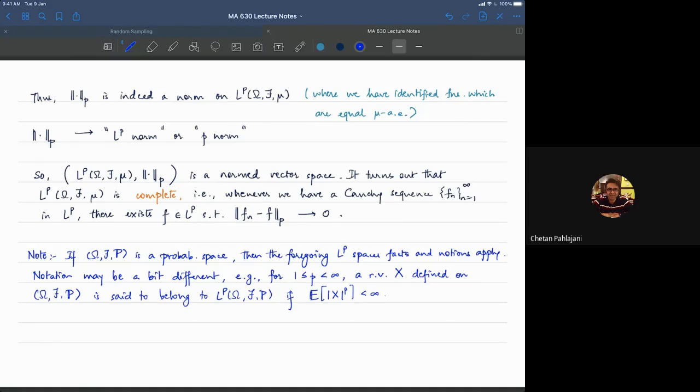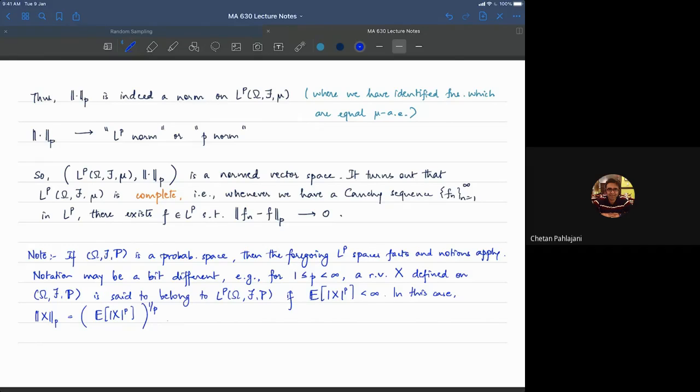And of course, in this case, what is the norm going to be? So the norm of X in L^p is going to be the expectation of the absolute value of X to the p, all to the power 1 over p.